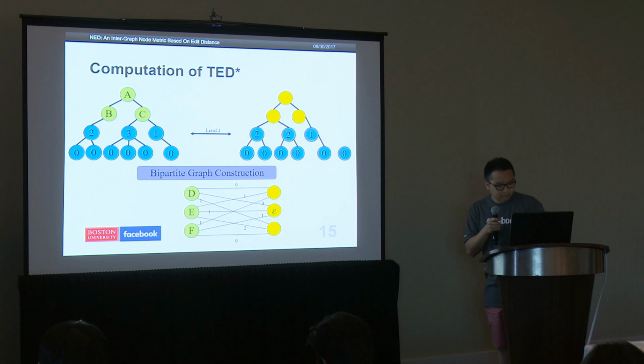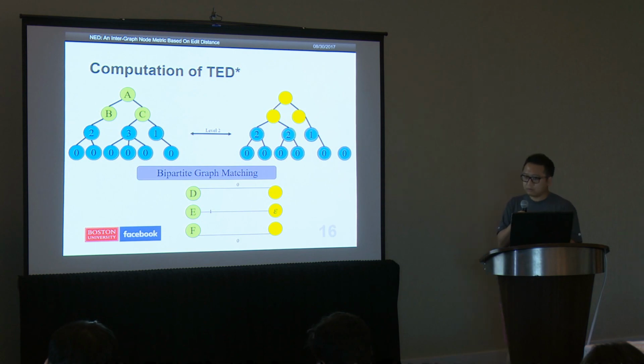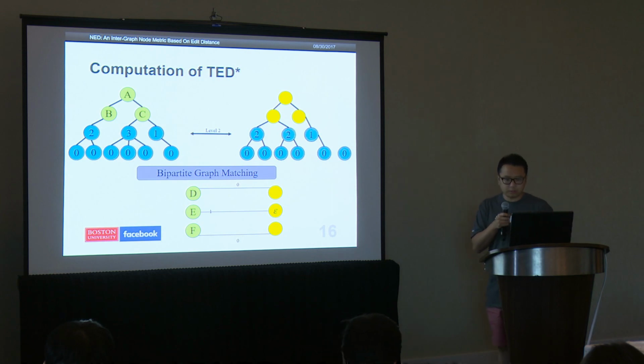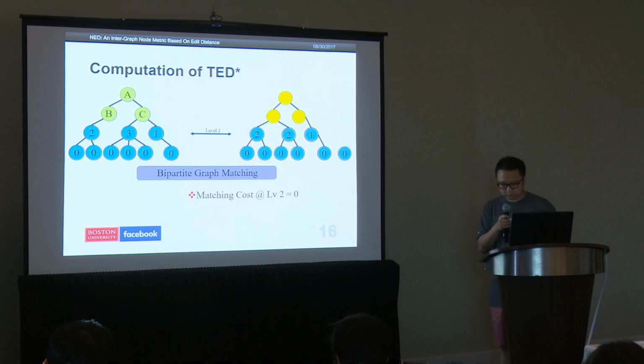Then we calculate the bipartite graph matching, and we find for this level the matching cost would be 1. But remember, because in the last level we did the padding, we do not want to duplicate the cost. So we do an adjustment to the matching cost, and it's still 0.